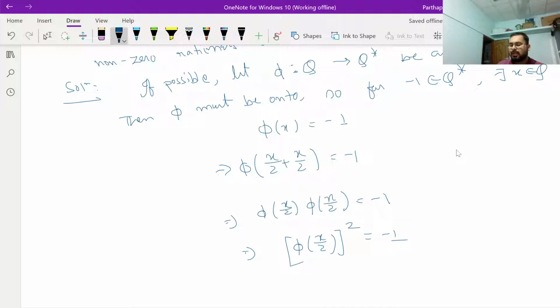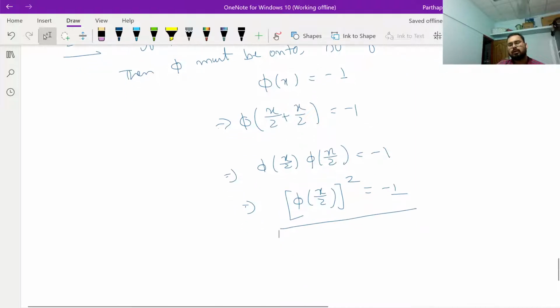Now phi of x by 2 lies in Q star, the non-zero rationals. So this implies that there exists a non-zero rational number whose square is -1. But it is never possible, because we know that there exists no non-zero rational number whose square is -1. So we get a contradiction.